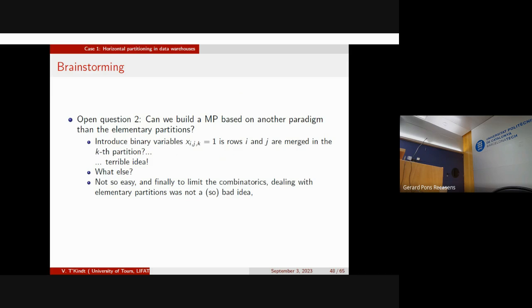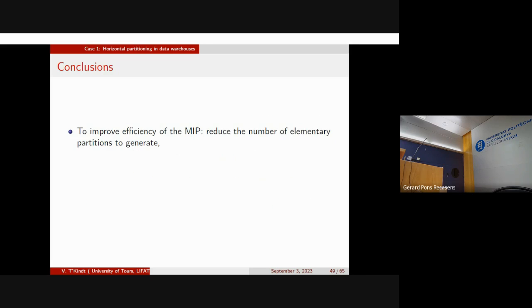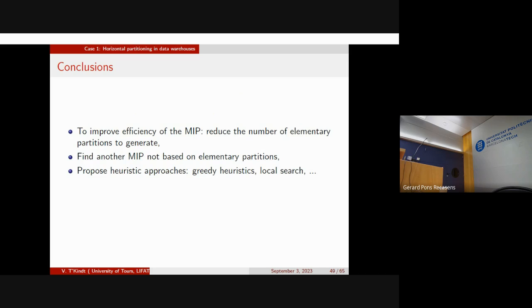For the IP, I'm afraid it's the only option you have. So maybe the best thing is to go for heuristic algorithms and try to design a heuristic algorithm to solve your problem. You will not have the best partitioning, but maybe you'll have a good one.